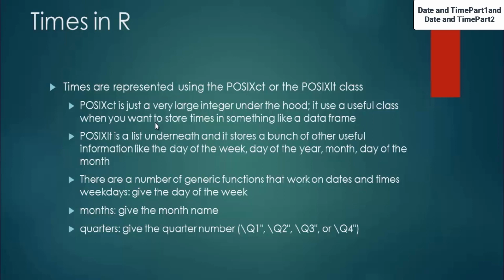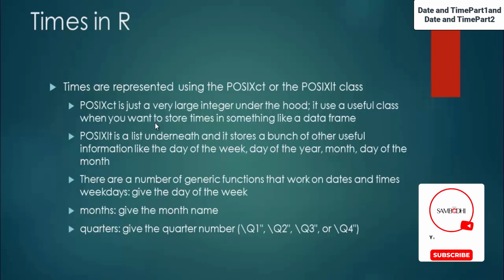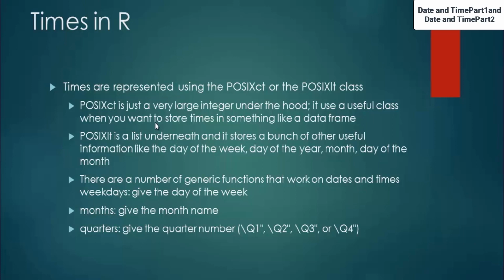POSIXlt is a list underneath and it stores a bunch of other useful information like the day of the week, day of the year, month, day of the month. So POSIXct stores all times in a data frame, while POSIXlt on the other hand saves other useful information also into the data.